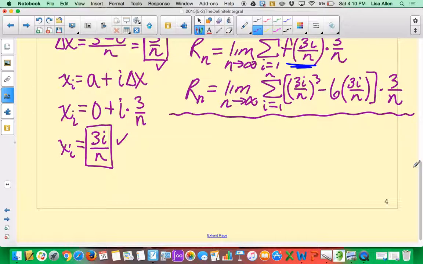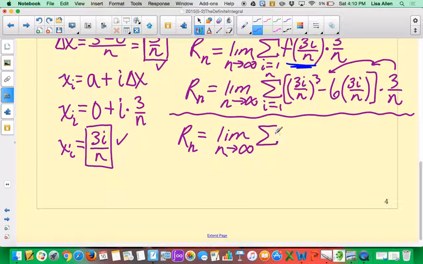Okay, so now you see that we're going to have to simplify our expressions. So what I'm going to do is probably end up distributing the 3 over n to both terms within the summation. So let's do that first. The limit as n approaches infinity of the summation from i equals 1 to n.